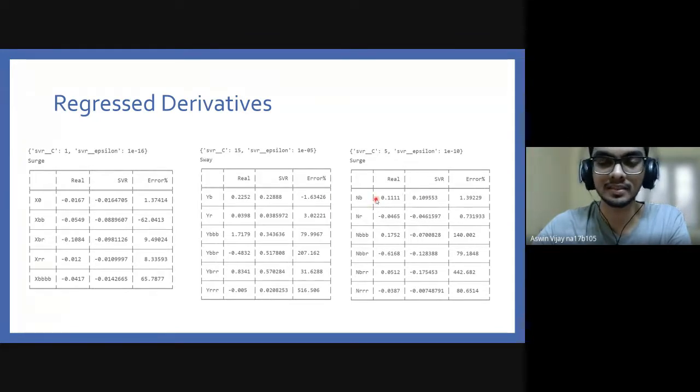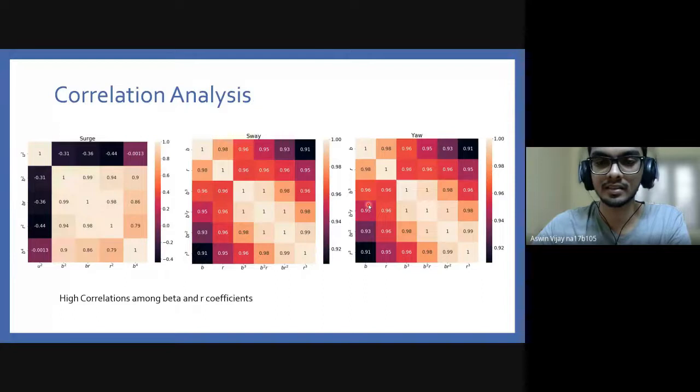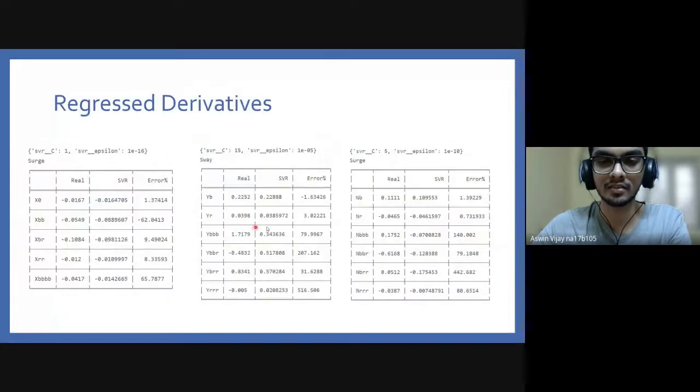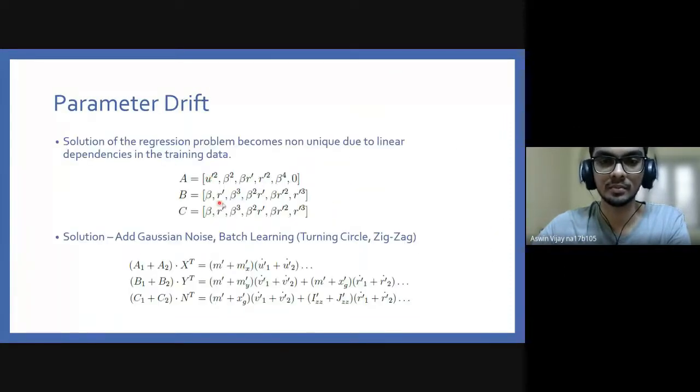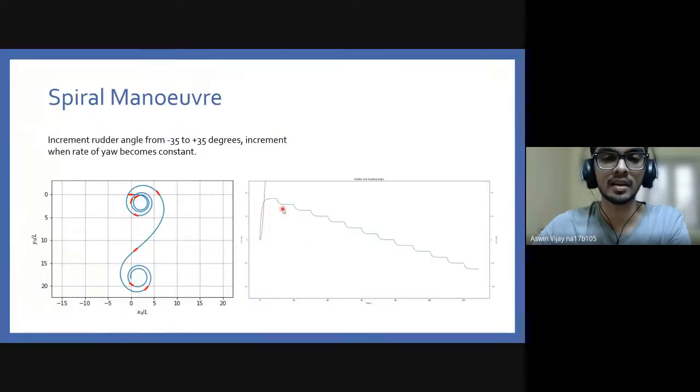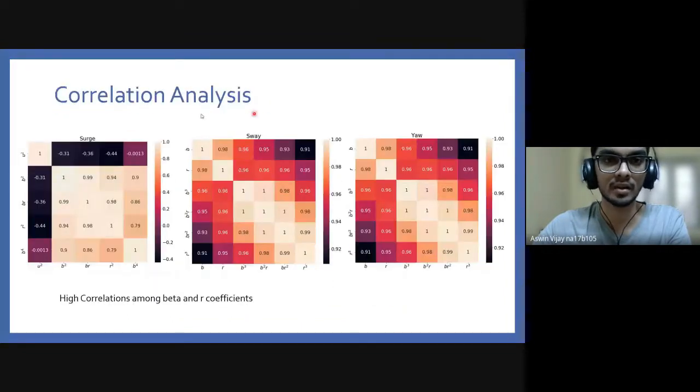So I tried some other stuff, and you can see the reason why the nonlinear terms are erroneous. You can see how they are linearly dependent by checking the correlations between these variables: beta cube, beta square r, beta r square, etc. And this can be done by plotting the correlation matrix.